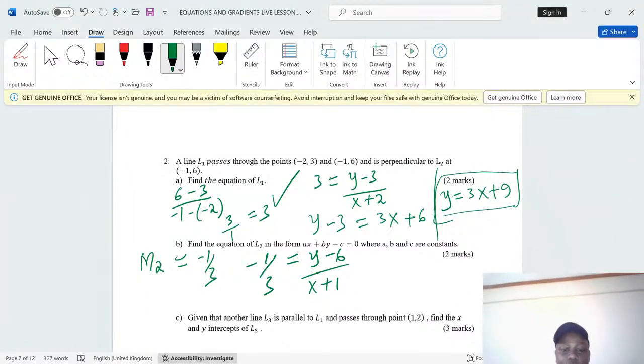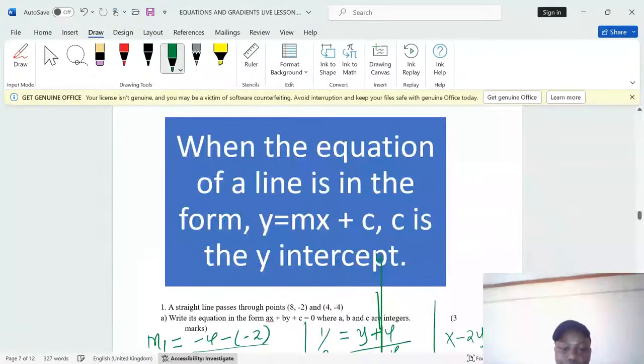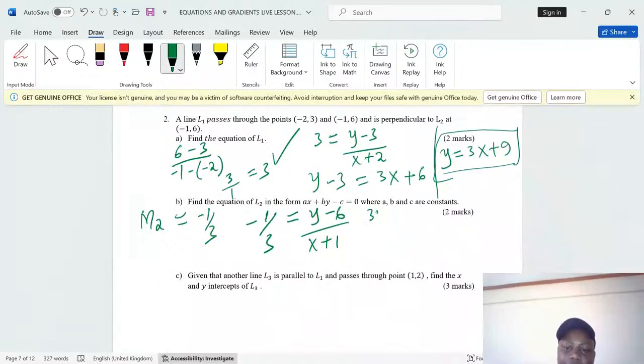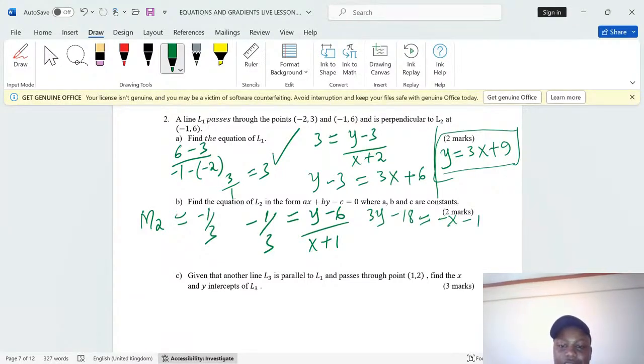Then with this now, we can cross multiply, whereby we'll have 3y minus 18 equivalent to -x minus 1 when we multiply by -1. Then now, to have it in the format stated, we will start with x, then we add 3y, and because we have negative 18 and we are adding 1, we will remain with negative 17.